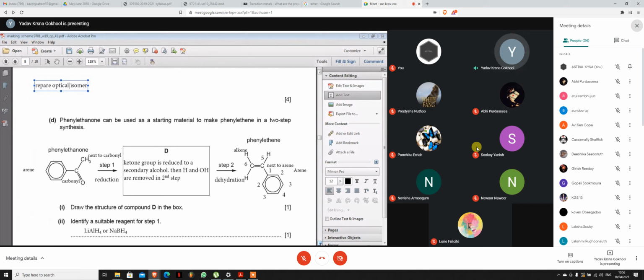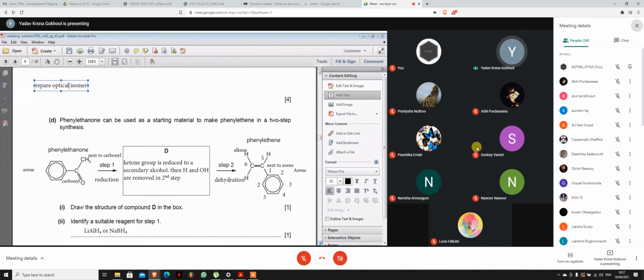we have the phenylethanone, which is becoming the phenylethene in two steps. So in step one, because we cannot have a double bond just like that. There are two ways from where we get a double bond. We get a double bond by either elimination, where we have halogenoalkanes, or by dehydration, where we have alcohols. So we have a ketone.